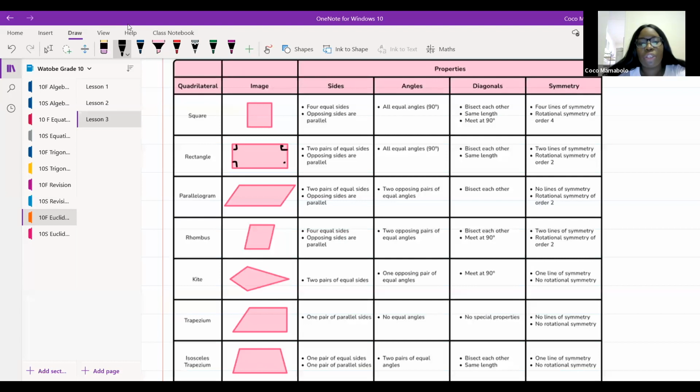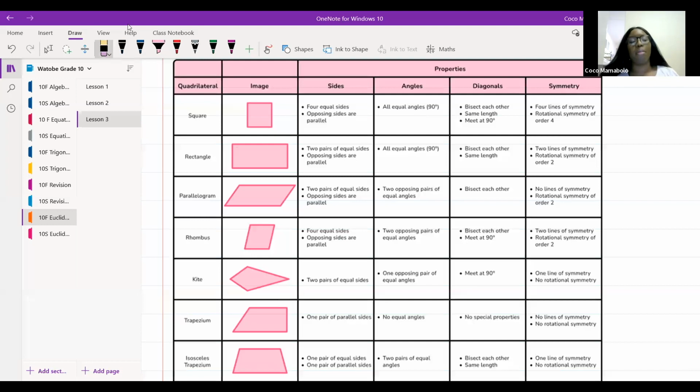You need to know that this side is equal to that side, and this side is equal to that side. And you also need to know that this side is parallel to that one, and this side is parallel to that one.